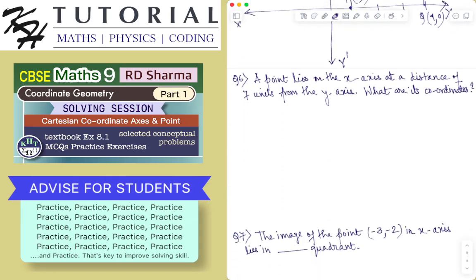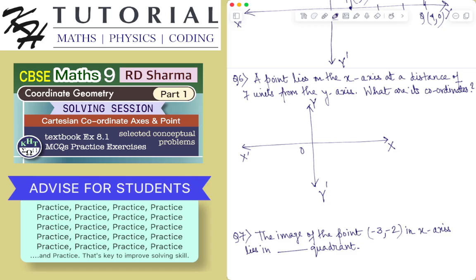A point lies on the x-axis. Let's first quickly draw the Cartesian coordinate axes: X dash, O, X, Y, O, Y dash. A point lies on the x-axis at a distance of 7 units from the y-axis. Since it is given as 7 units, it is not minus 7. 7 is positive, so the point will be to the right hand side of the y-axis, that is, it will lie on the x-axis towards the positive direction.